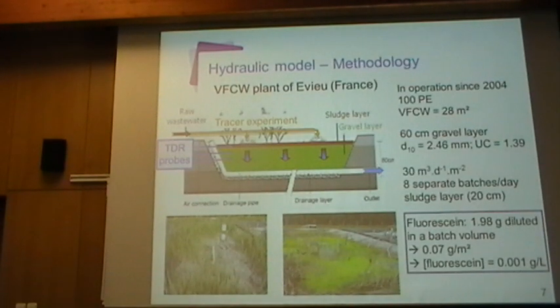So, Hydrus 1D was applied to a practical case, the first treatment stage of a wastewater treatment plant. This treatment plant is composed of gravel, and a sludge layer has been developed on the top of the filter. We carried out a tracer experiment, and we also measured water contents at different depths of the filter with TDR probes.